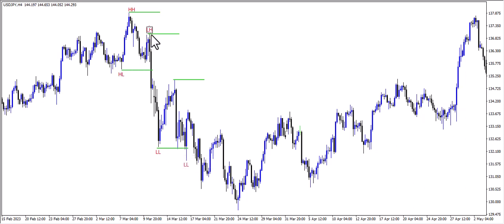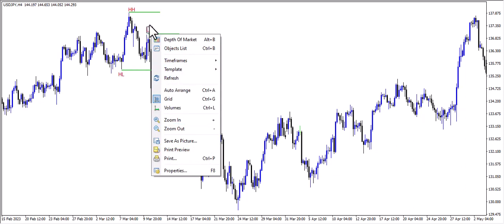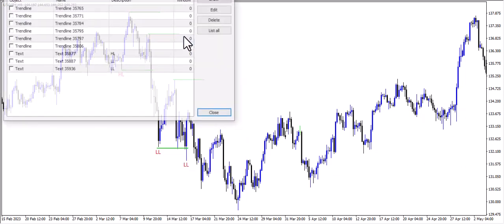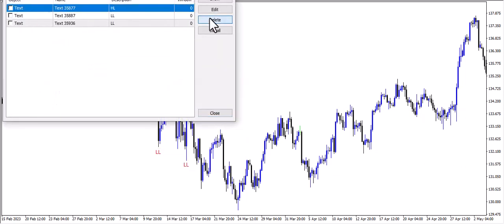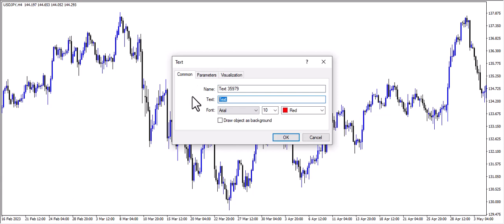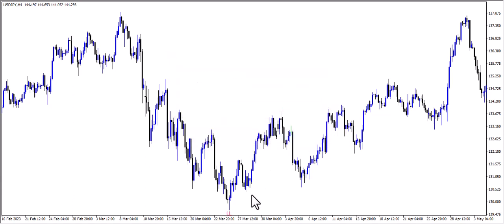Let me just clear all of this so that everything is nice and clean. Cool. Now let's say that the structure here is downward, and then we are now here. This lower low has been created, and then now you also have this lower high.